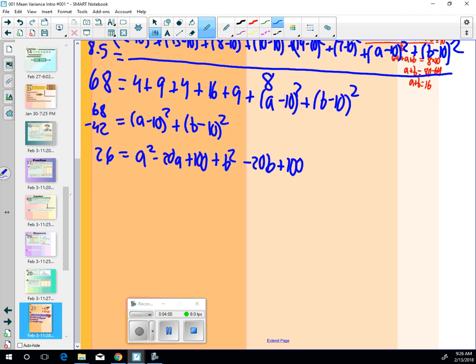So this is going to be 26 minus 200. It's equal to A squared plus B squared minus 20 times A plus B.